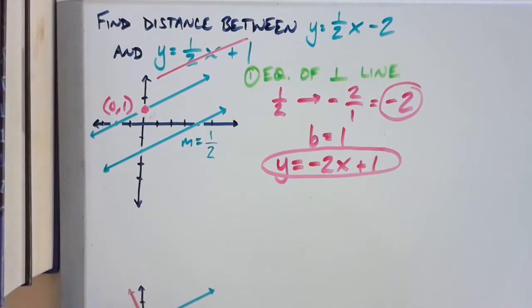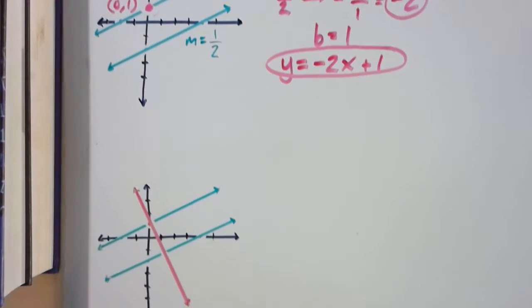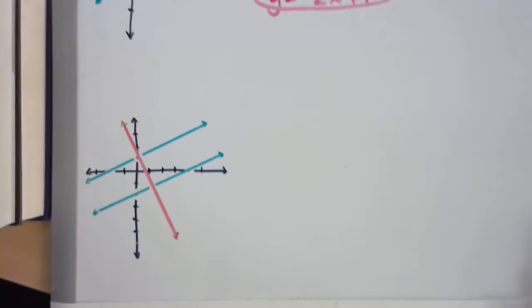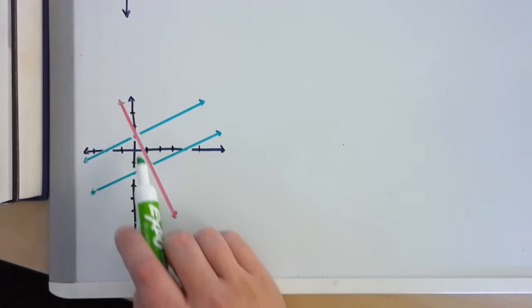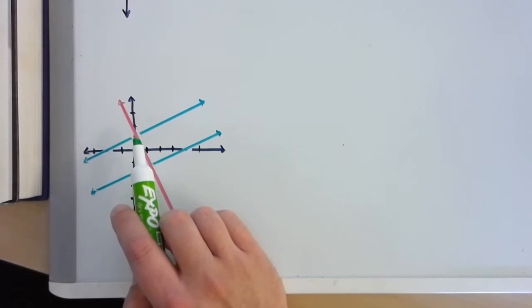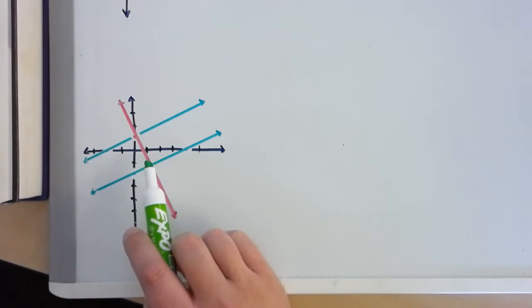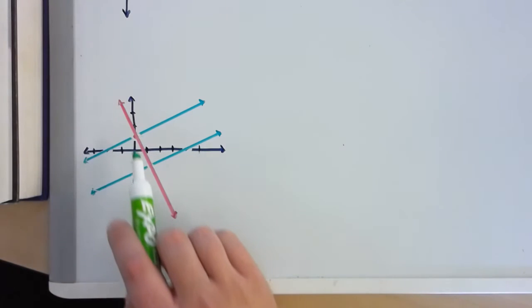All right, step 1, find the equation of the perpendicular line. Step 2, now that I have an equation that connects these two, let me scroll up a little bit here. So we just went through this process. This is that line graphed. There's my negative 2x plus 1, with that same y-intercept, and if I do a negative 2 slope, I go down 2 over 1, down 2 over 1, and I create this line.